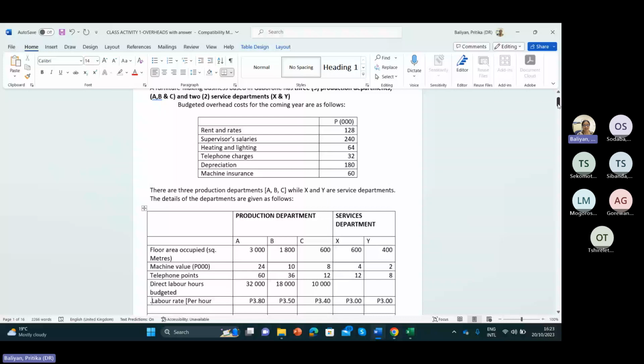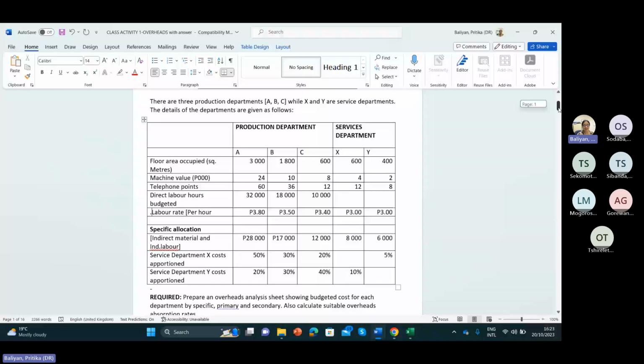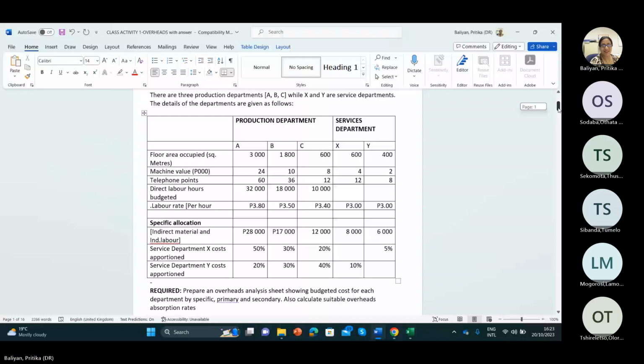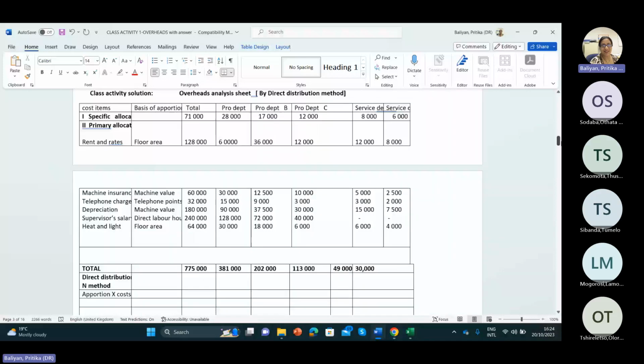Like in this question, we have been given the figure of indirect material and labor for all the departments, and according to that, we did here, you can see the solution, overhead analysis sheet by direct distribution method. So we start with a specific allocation.